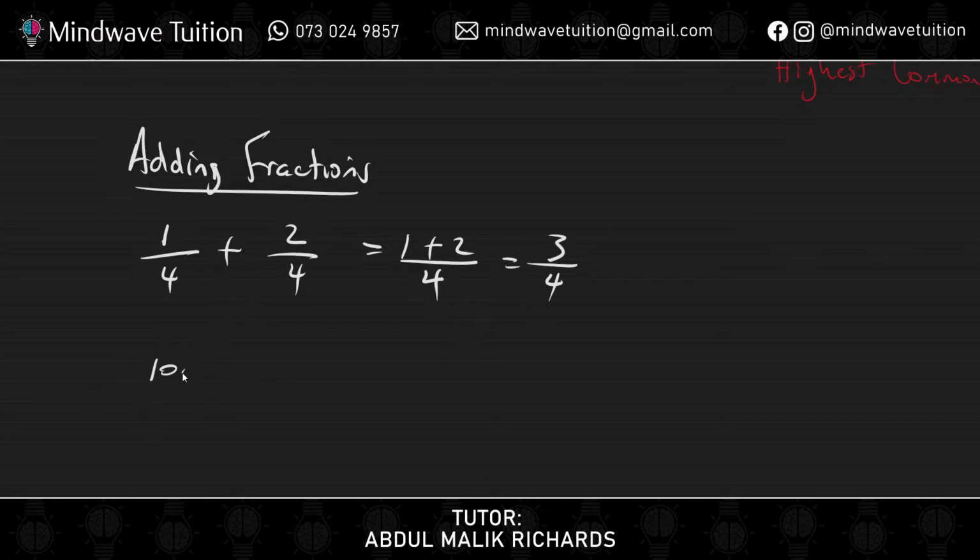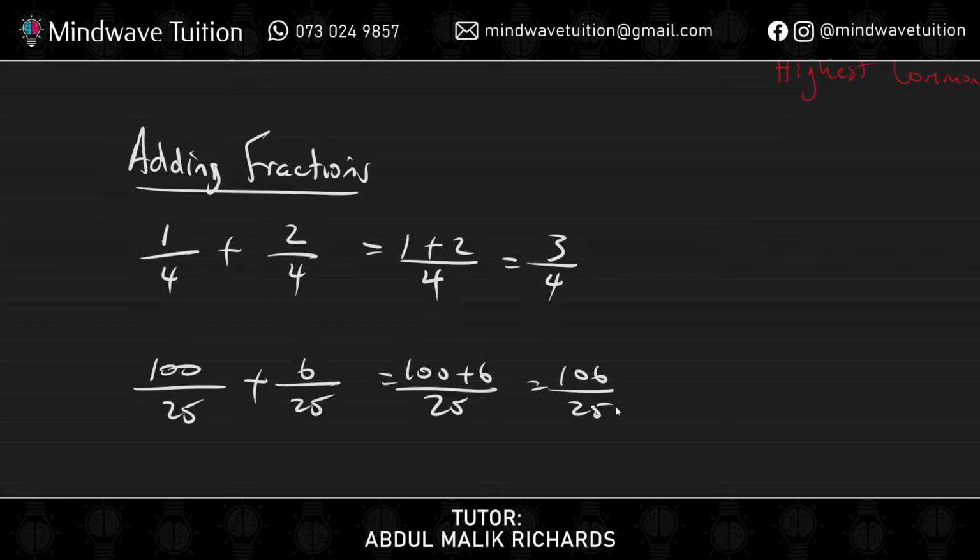So this could be 100 over 25 plus 6 over 25. Because the denominators are the same, we can still add the numerators, which is 100 plus 6, which is 106 over 25.